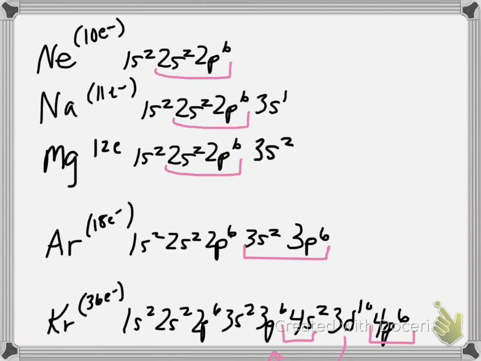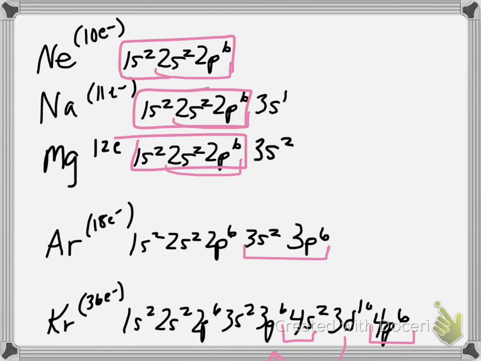You know, wouldn't it be cool if we had sort of an abbreviation for this? If we could just abbreviate that chunk somehow. Some of you may see where this is going. What if we just wrote, well, it's got everything neon has plus a 3s1? Wouldn't that be a nice shortcut? I think so.